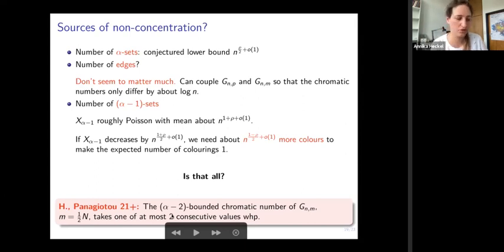This is like the normal chromatic number, except we've banned the alpha and alpha minus 1 sets. And this, surprisingly, appears to be very narrowly concentrated on at most 2 consecutive values. So the smaller sets don't actually introduce any variation.